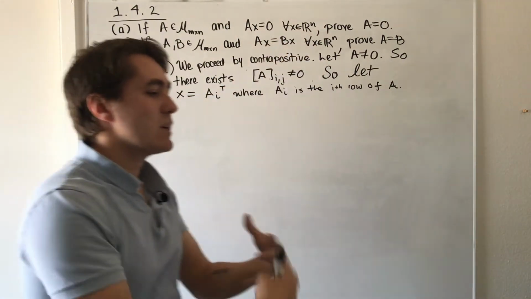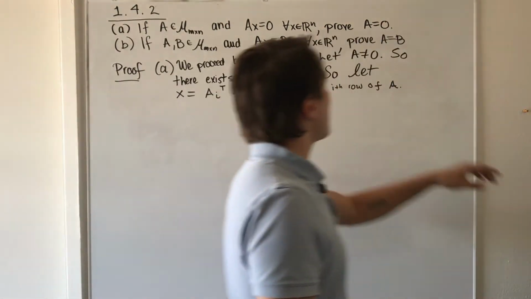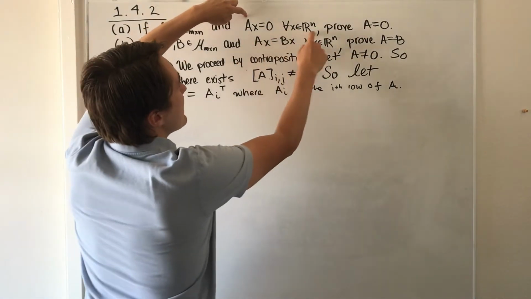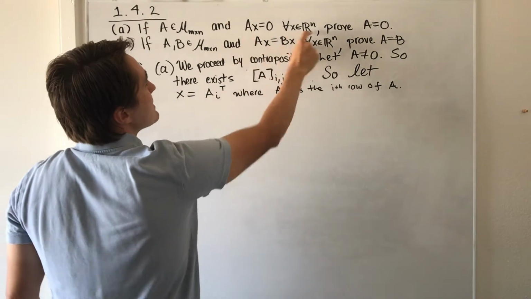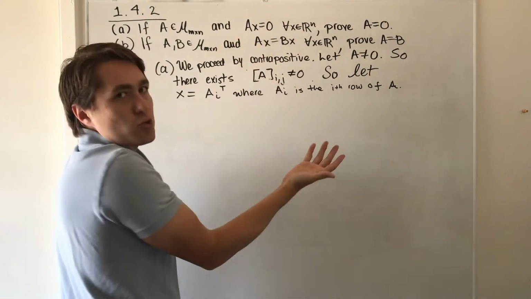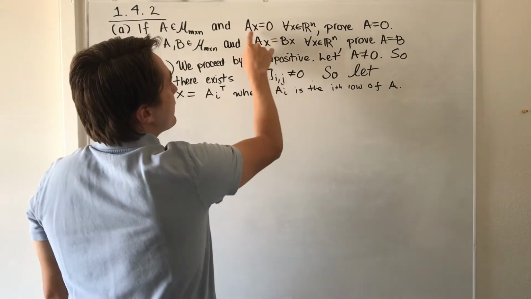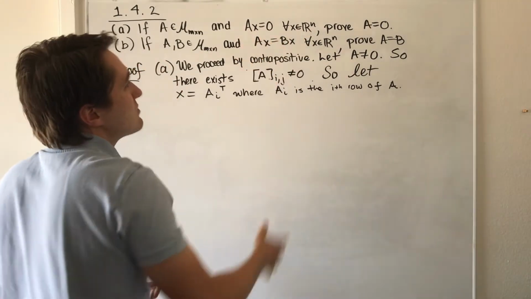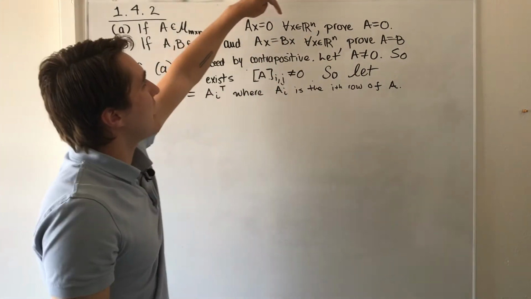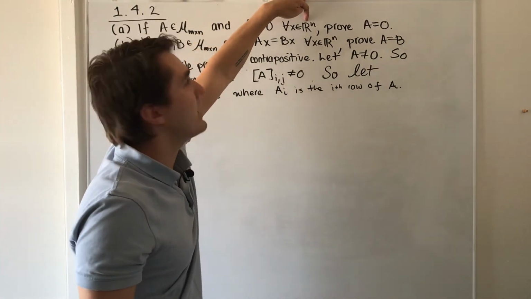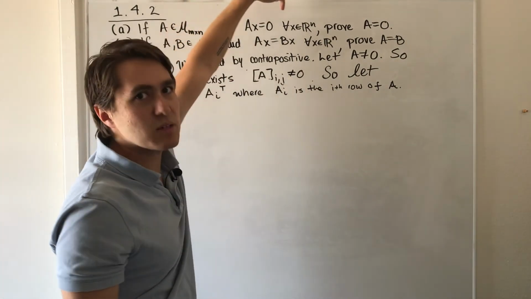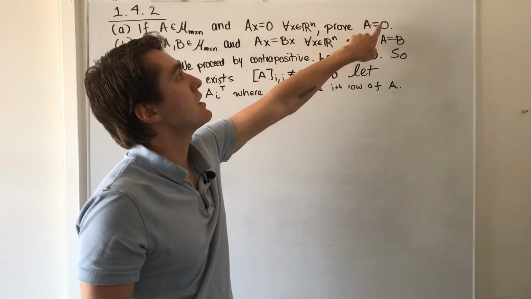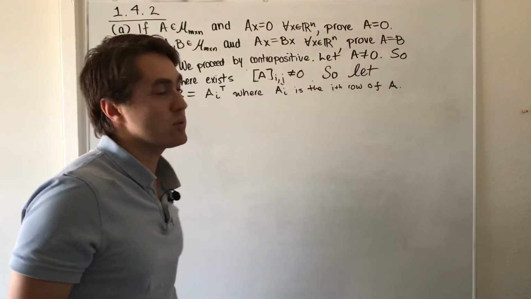And what we're setting ourselves up for is, when I deny this, what does it mean to show that the negation of this is true? Well, if for all x in Rn, Ax equals 0, negating that would say that, no, I can find an x in Rn so that Ax doesn't equal 0. It's not the case that every single one of them is 0. That's, of course, assuming that I'm denying A is equal to 0.